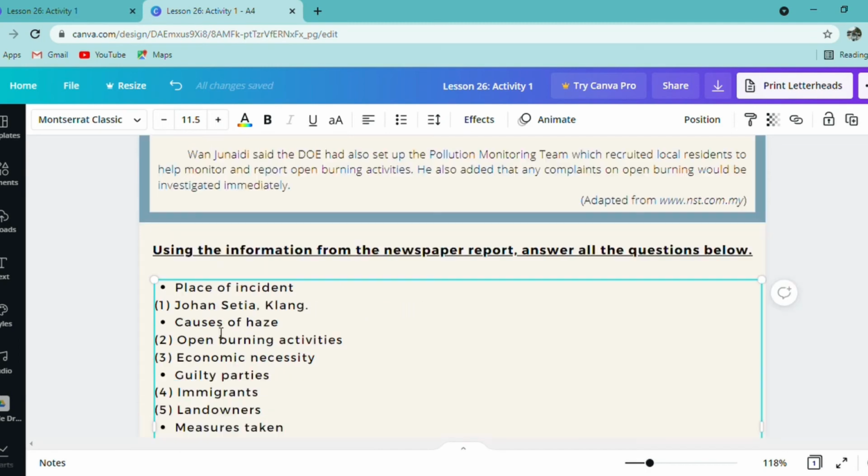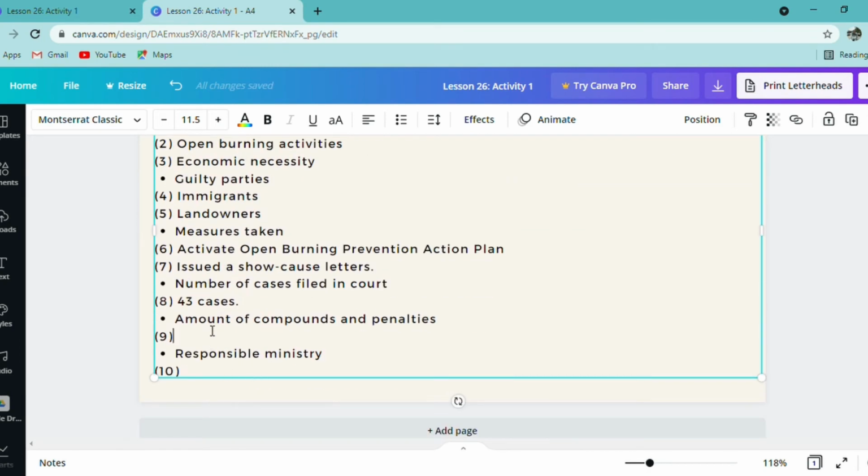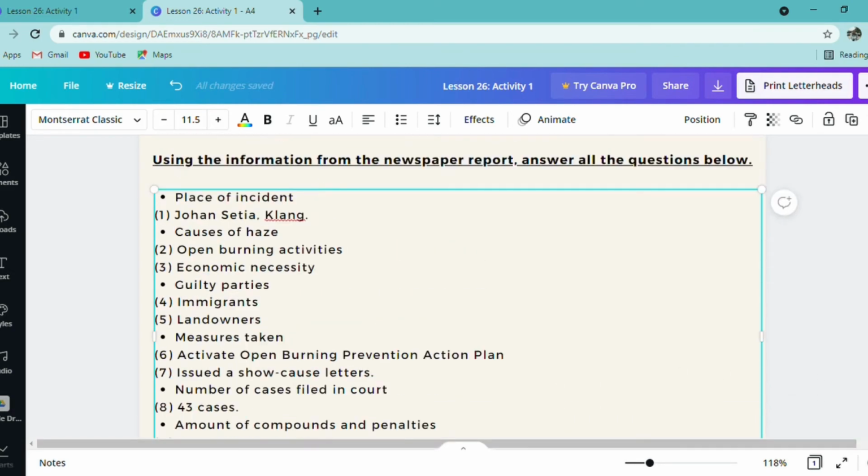So you need to write down here RM78,400. Okay, so the last question is, who is the responsible ministry in the text?